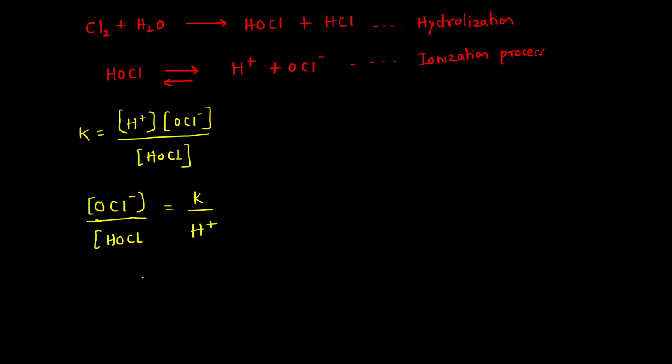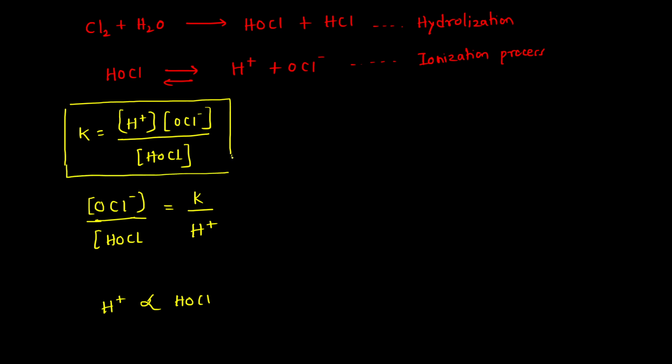From this we can say that H plus is directly proportional to HOCl. So this is our main equation; everything is derived from it. We also know pH is inversely proportional to H plus concentration, so H plus is inversely proportional to pH.